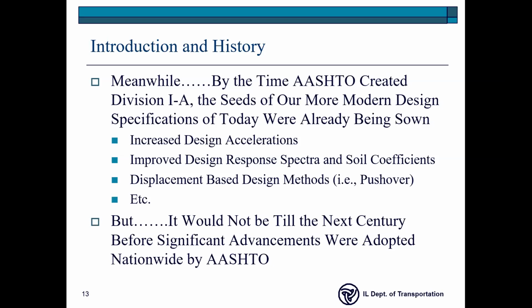And so they were thinking about things like increased design acceleration, improved what are called design response spectra and soil coefficients. Part of what that really means is that an earthquake might happen far underground, and how much the seismic waves are amplified as they travel through the soil has a lot to do with what the soil type is, okay? And that's a very complex geological sort of relationship to kind of come up with.